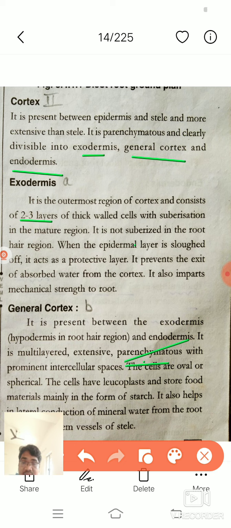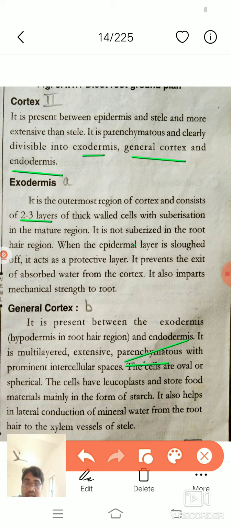It helps in the lateral conduction of minerals and water from the root hairs to the xylem vessels of the stele. That is the main function of the general cortex.